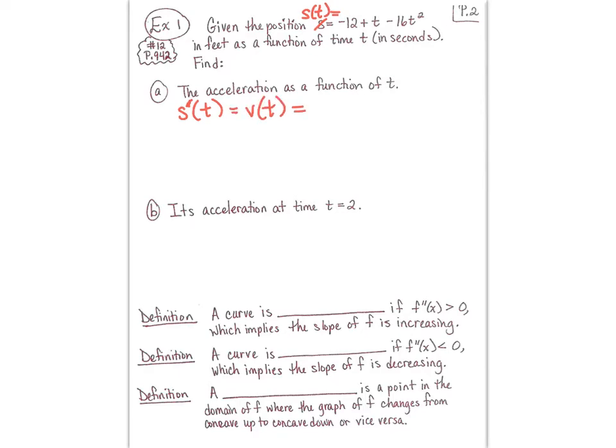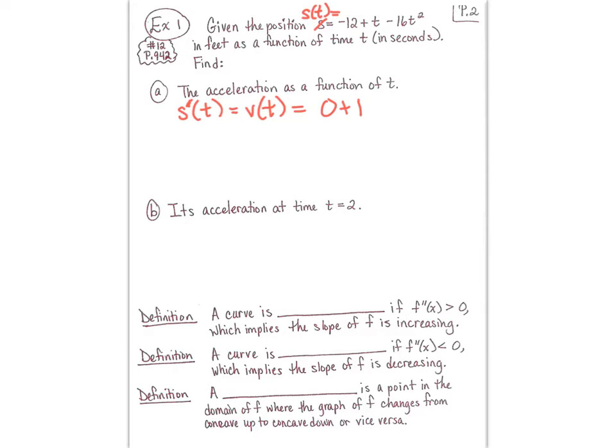Well, the derivative of negative 12 is 0. So that would be 0. The derivative of t is 1, so plus 1. The derivative of negative 16t squared would be negative 16, bring your 2 down, so times 2t.